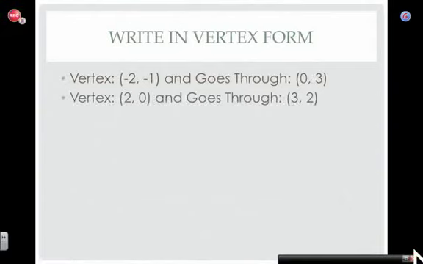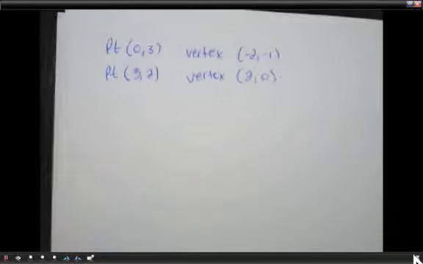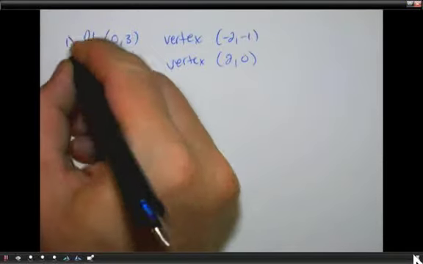So we're going to look at the point 0, 3 with a vertex of -2, -1, and we're going to look separately at the point 3, 2. Sorry, I have to write this down for myself here. And the vertex of 2, 0. So we're going to go to this here. And there we go. So we're going to look at the first one here. So it's kind of like a 1, 2.